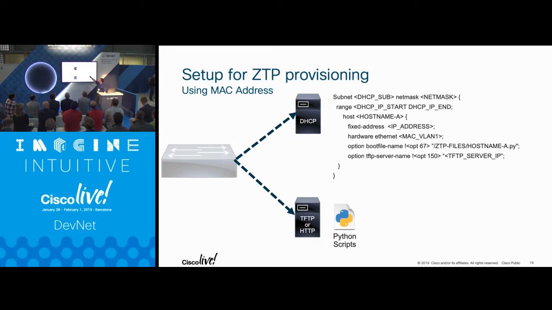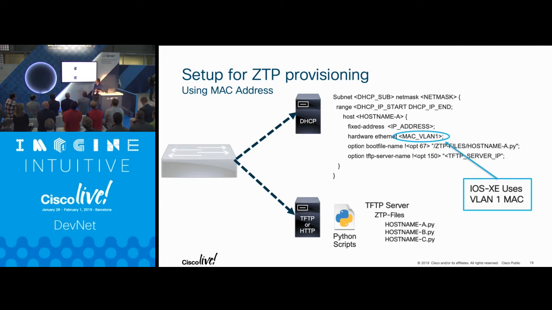Within XE, I can give the fixed IP address, but I can actually identify the hardware by the MAC address of VLAN 1.